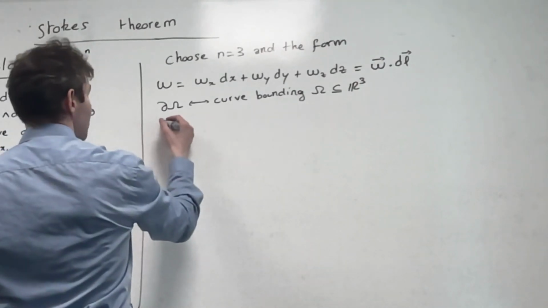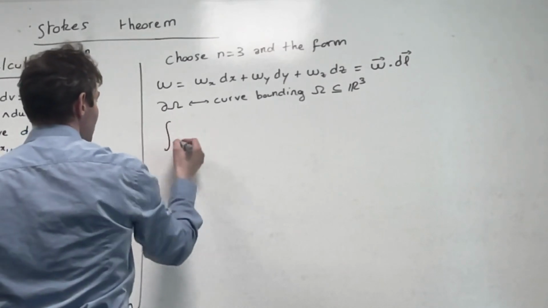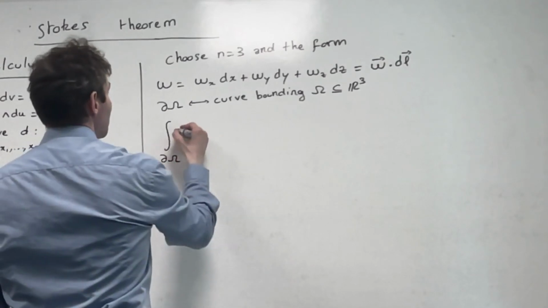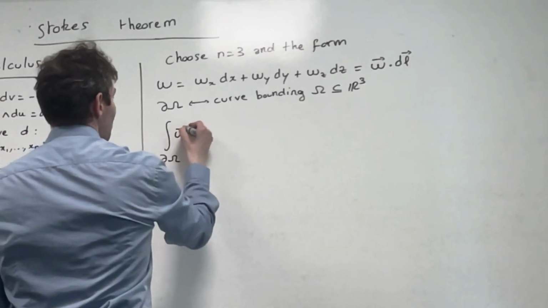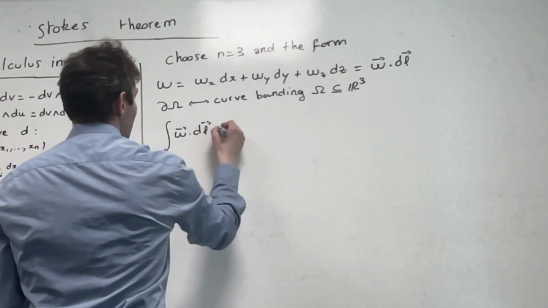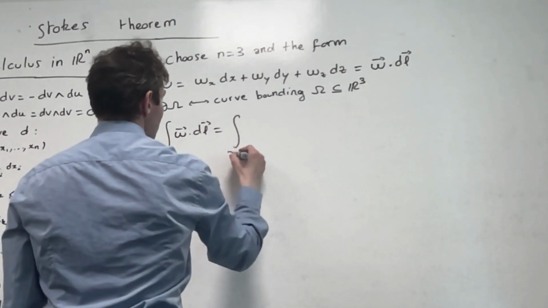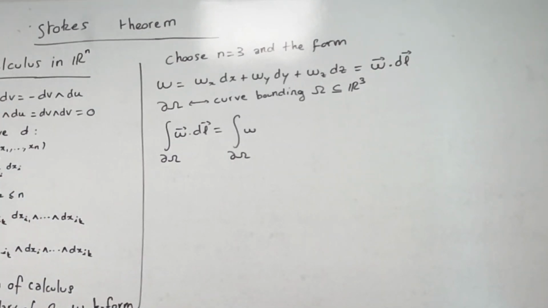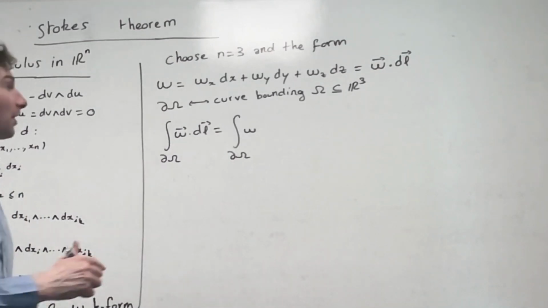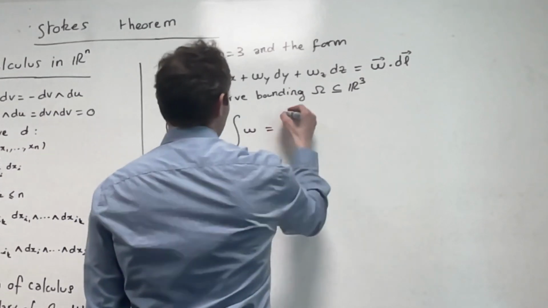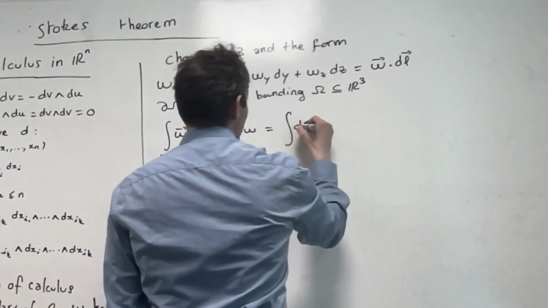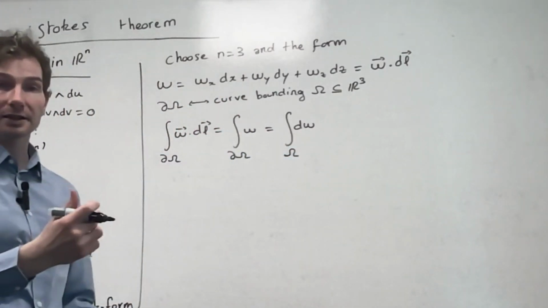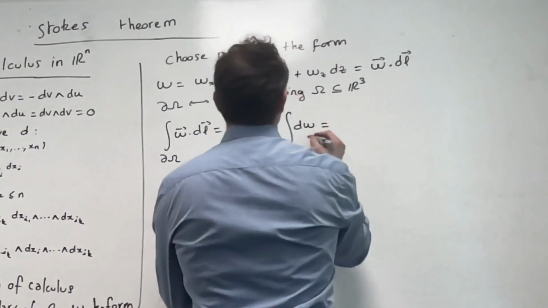So now let's look at implementing the theorem. We've got the integral over d omega of omega dot dl, and that's going to be the integral of the one-form omega. Then I'm simply applying the fundamental theorem of exterior calculus, so I get the integral over omega itself of d omega, and then for d omega I apply what I know.